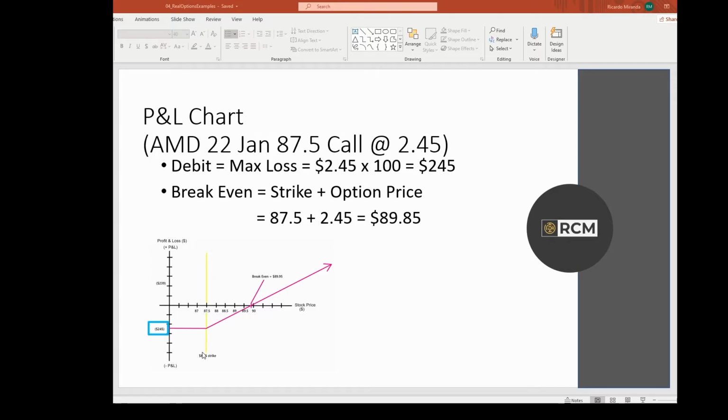What about the break-even price? How do we determine that? Well, we take the strike price, which is 87.5, plus the 245 that we're paying for the option, and we get 89.95. Okay, this is your break-even price.